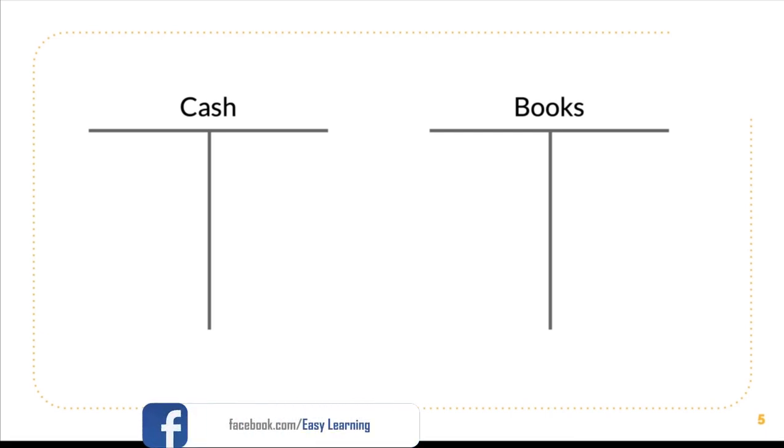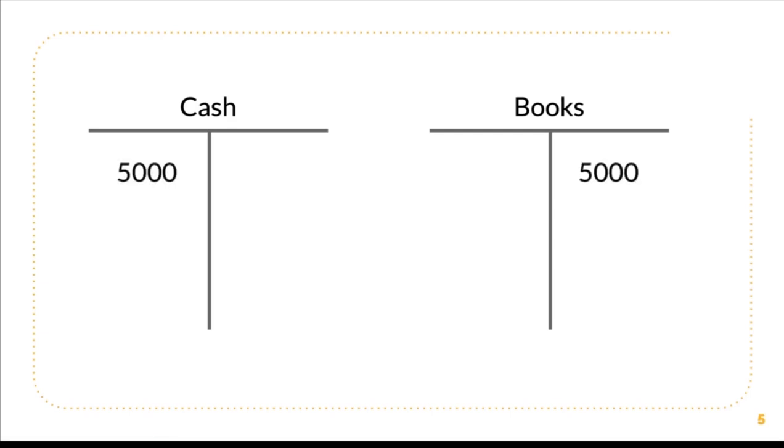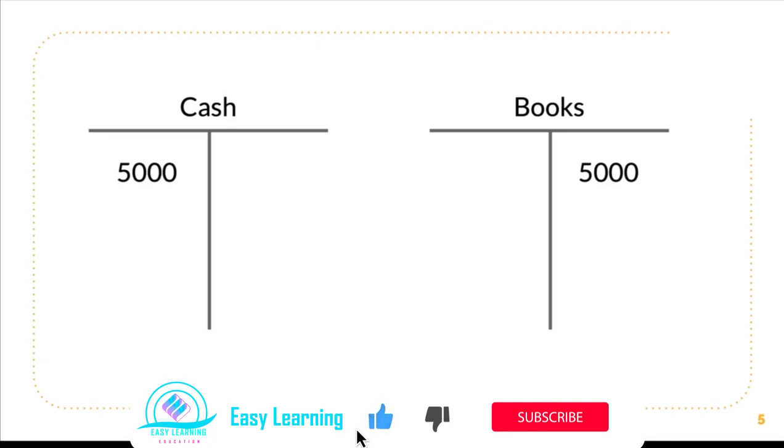We just lost $5,000 worth of books, however we gained $5,000 in cash. So in other words, our $5,000 of value went from the books to the cash. Then our books account will be credited and our cash account will be debited. As you can see again, credits are always on the right and debits are always on the left.